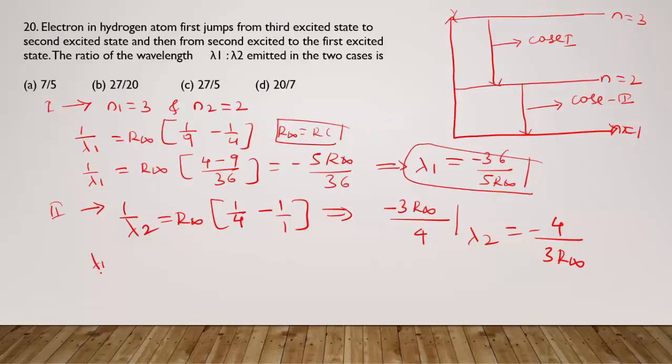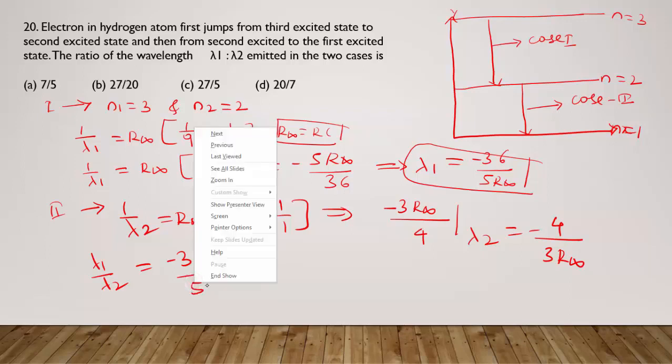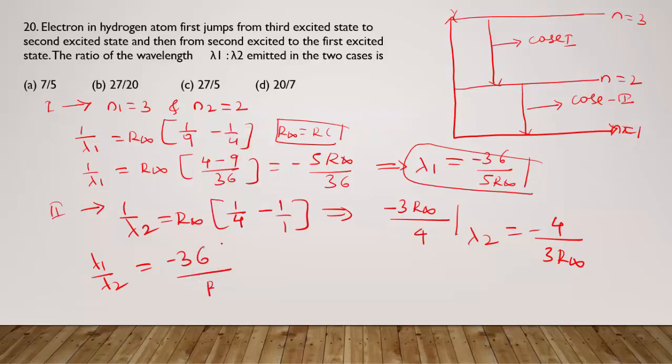Now the ratio of their wavelengths, lambda 1 by lambda 2, is equal to minus 36 by 5 R infinity into 3 R infinity divided by minus 4.